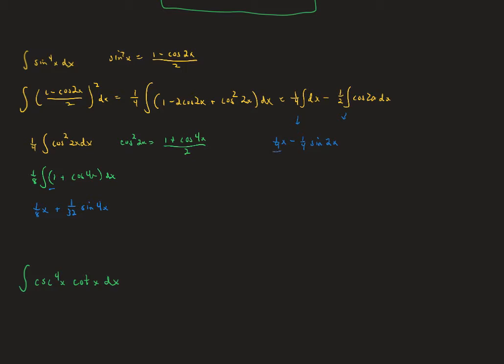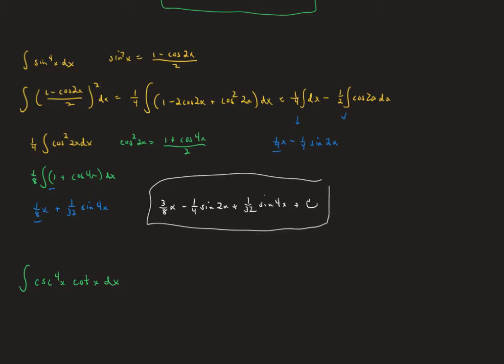So combining the 1/4 x and the 1/8 x, at the end of the day, we are going to get 3/8 x minus 1/4 sine of 2x, plus 1/32 sine of 4x plus c. That's our final answer.